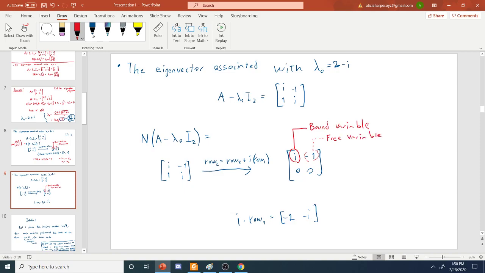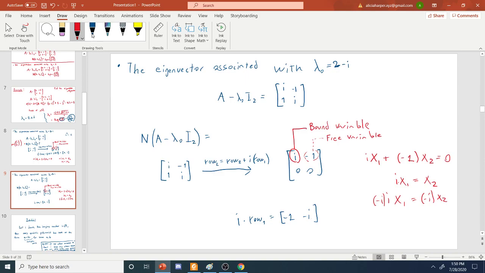And we have, translating to the linear system picture, x1 times i plus negative 1 times x2 is equal to 0. So this shows that i x1 is equal to x2. And now we're going to multiply both sides of this by negative i. If I do that, I get i times negative i, x1 is equal to negative i x2.